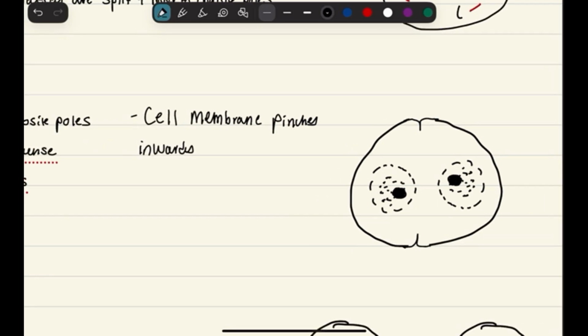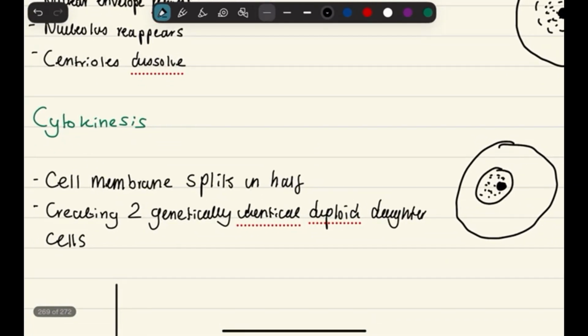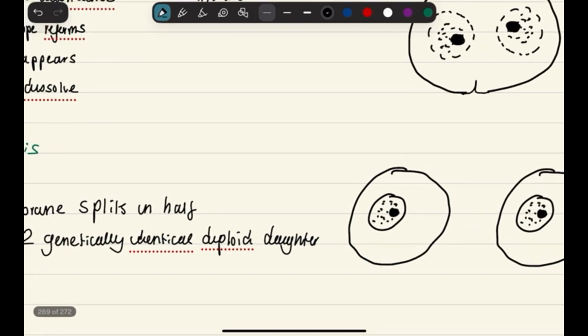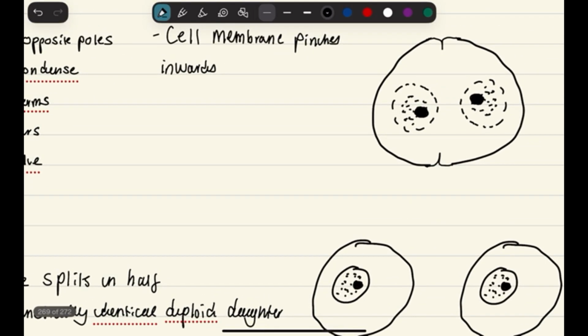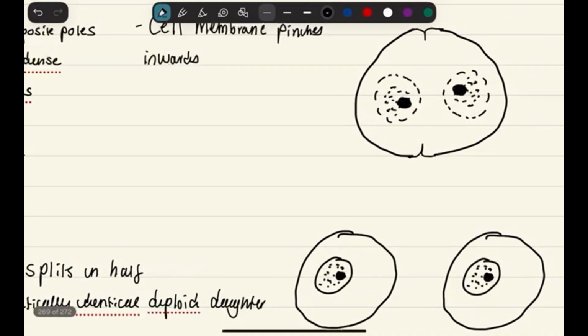But you can see that in telophase, we're literally doing the opposite of prophase. Now cytokinesis, which isn't part of mitosis, but it's part of the mitotic phase of cell division, is when your cell membrane splits in half. So we have the pinching and it just keeps going all the way along the middle, until the cell splits into 2.